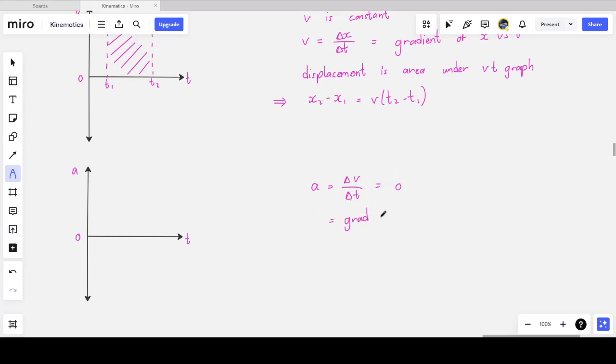And it is the gradient of v versus t. So like I said, with the v versus t graph, we can use the gradient to find acceleration and use the area to find displacement. It's quite an important graph for us, with quite a few uses. And if I'm moving at constant velocity, I will never have an acceleration. I can't be speeding up or slowing down if my speed isn't changing. And this is what this is telling us.